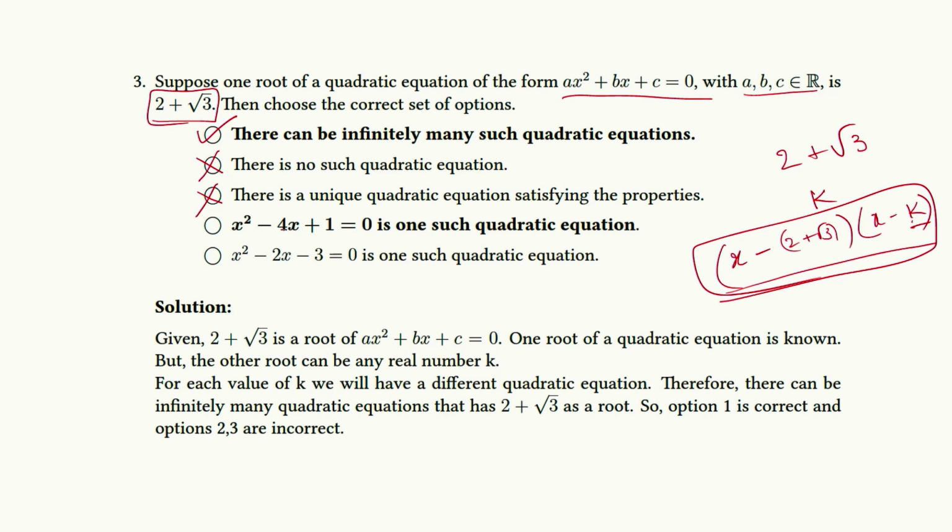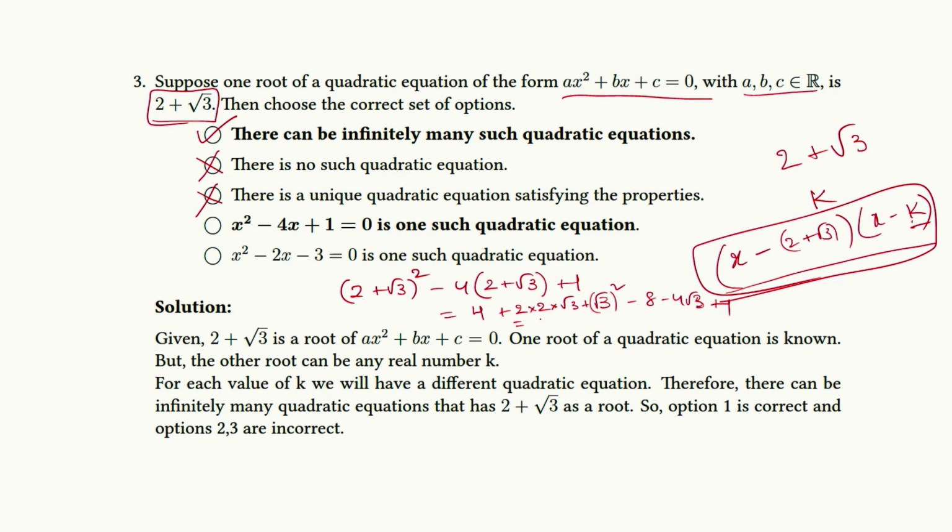If you substitute 2 plus root 3 and calculate, we get 2 plus root 3 whole square minus 4 times 2 plus root 3 plus 1, which will be equal to 4 plus 2 times root 3 plus 3 minus 8 minus 4 root 3 plus 1.